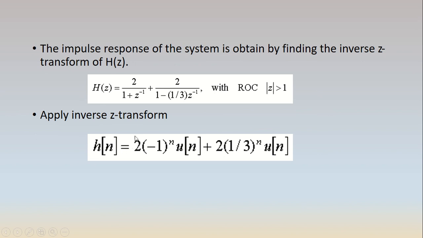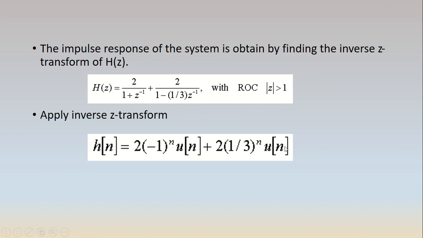And then h[n] is equal to 2 multiplied by (-1)^n multiplied by unit step u[n] as previously, plus 2 multiplied by (1/3)^n multiplied by unit step u[n].